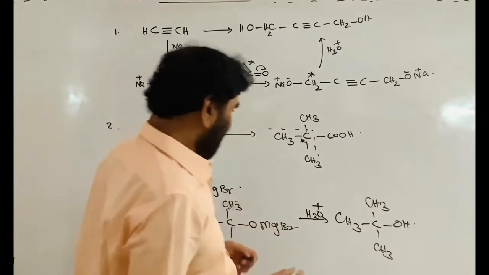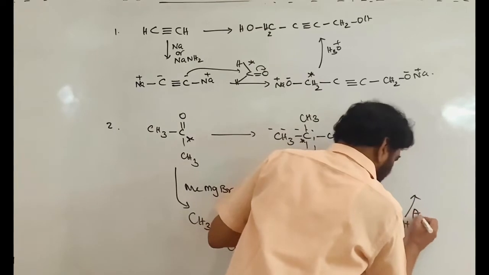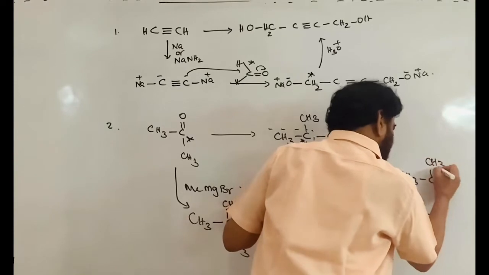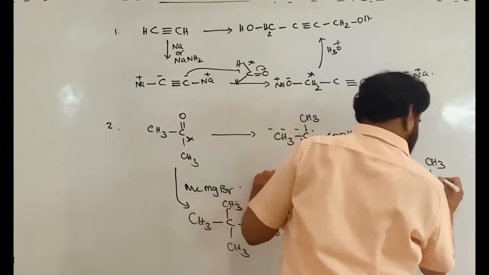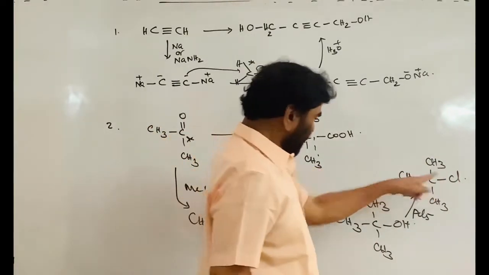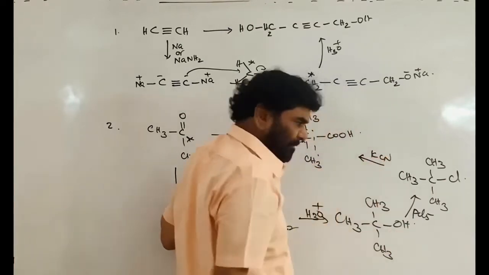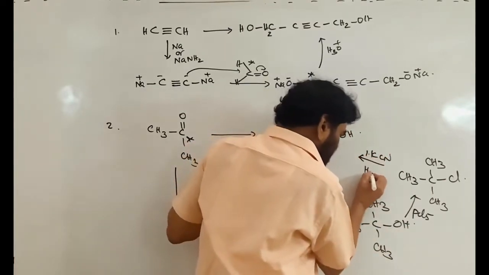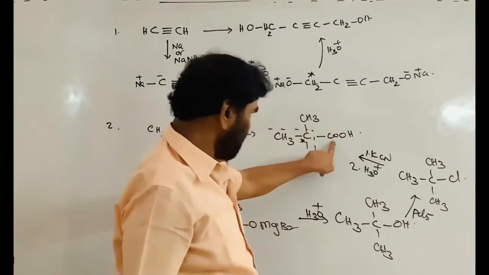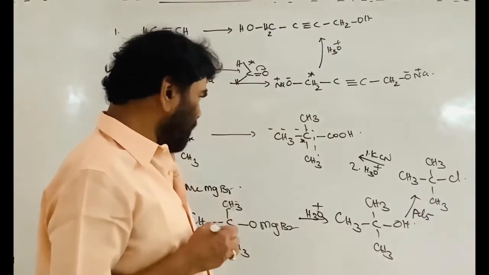Treat with PCl5, and this is converted to tertiary butyl chloride. Treat with KCN, cyanide is introduced, followed by hydrolysis, which leads to COOH. This is one way, but this is not the good route.